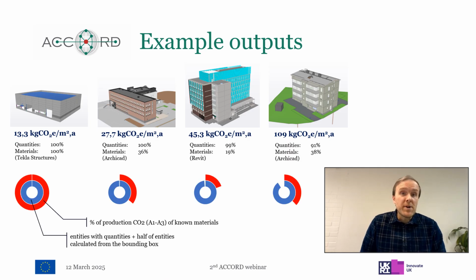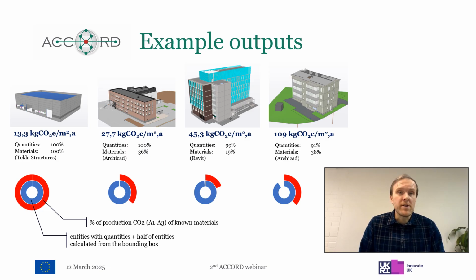So here is the comparison of the model quality. The red part of the pie chart means the percentage of the calculated CO2 from the known materials. You can see that, for example, in the third building, over 80% of CO2 is based on overestimated carbon values.